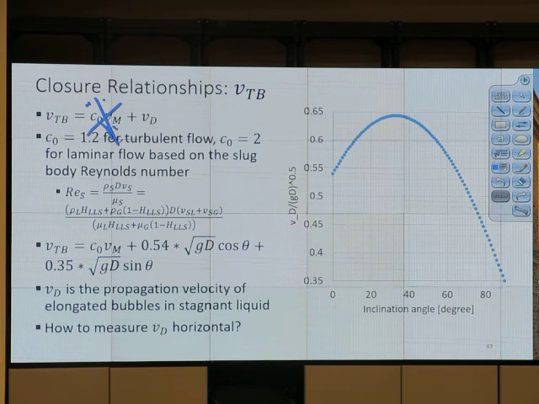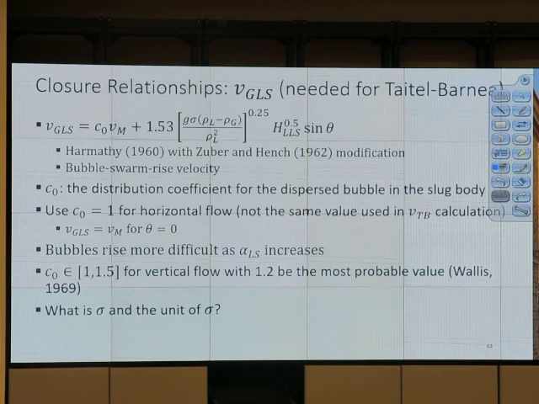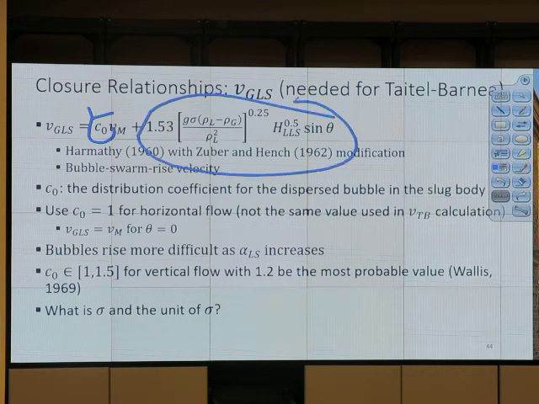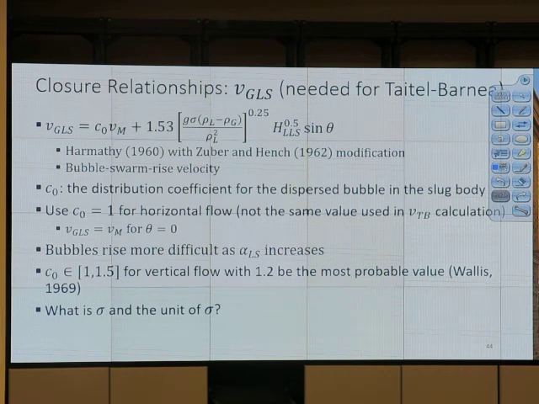Translational velocity is the velocity of the interface. VTLS, most of the time we don't need it. We need it when we do what? Taitel-Barnea model. And Taitel-Barnea suggests C0 for this equation, not the previous equation, equal to 1 for angle equal to 0. This part is kind of bubble rise velocity, but we will cover it later.